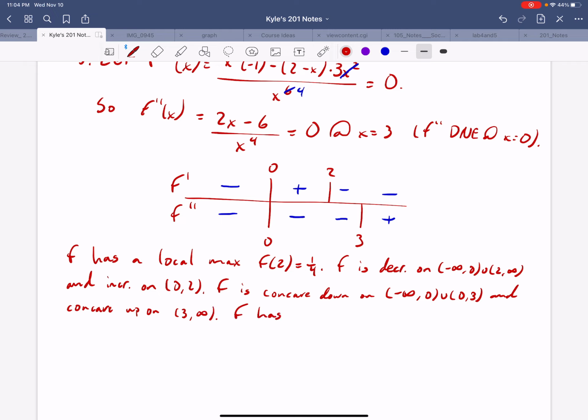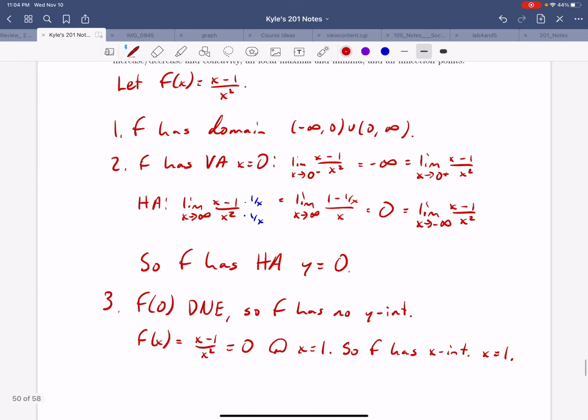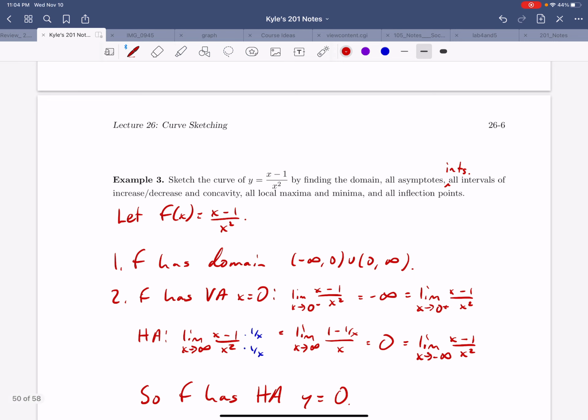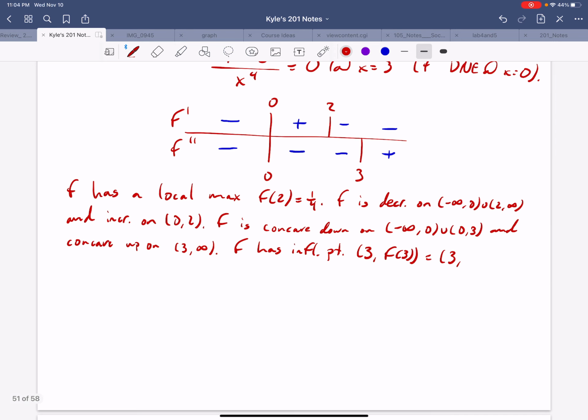Also note that F has an inflection point at 3, F of 3, which is 3, comma, what's that, x minus 1 over x squared? 2/9. It's a 9, right?